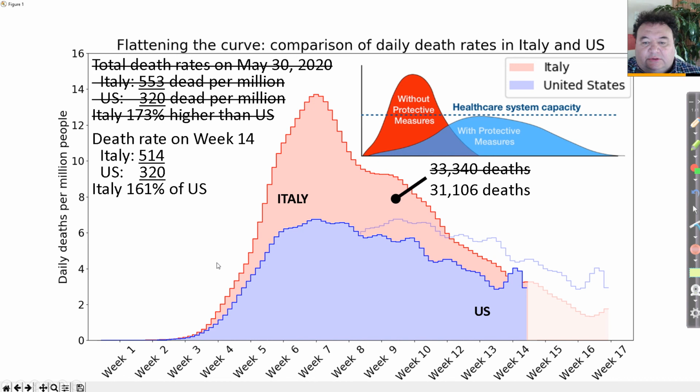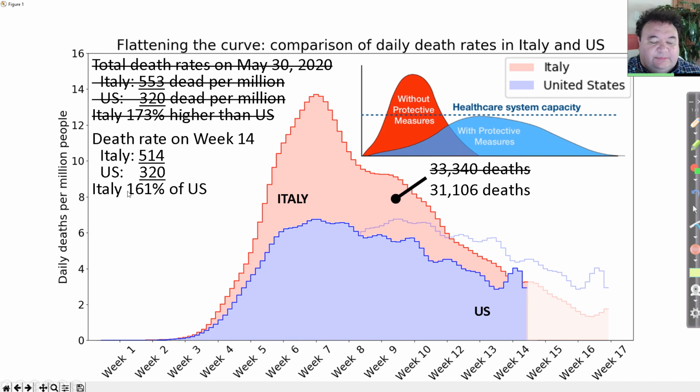And so as we do that, we will have to revise our numbers and even the way we report them. So instead of saying this is a particular date, May 30, here we will be at week 14 of the pandemic within a particular country. And so the number of deaths per million goes down to 514 in Italy, while it's 320 in the US.